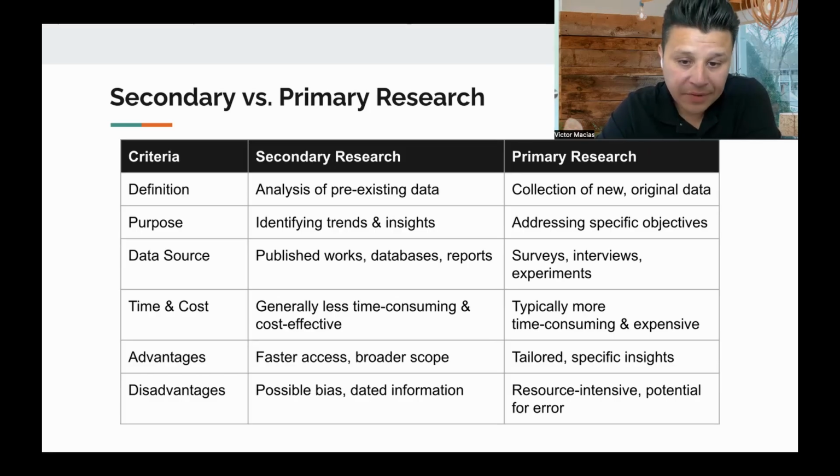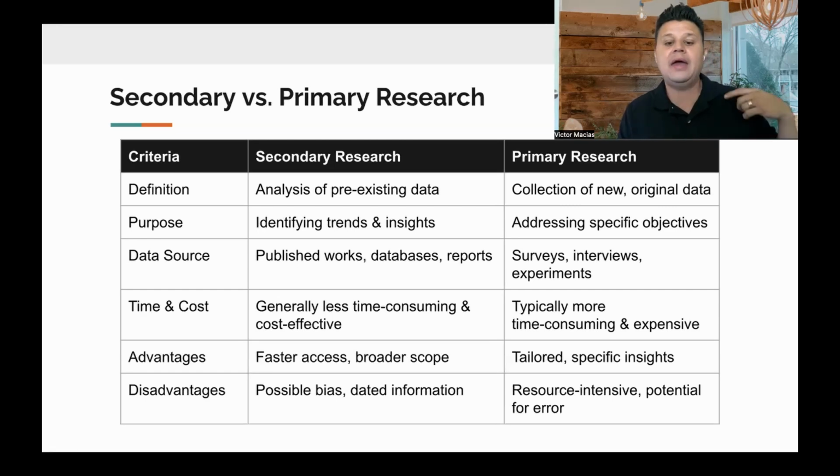Now with primary, it's a collection of new and original data. A lot of times you'll have specific questions that you want answered that you can't get through secondary research, so you'll use primary to find that. A lot of times it's conducted through experiments, surveys, interviews. It's typically more time consuming and expensive. So with my survey process, I sat down and I talked to customers.